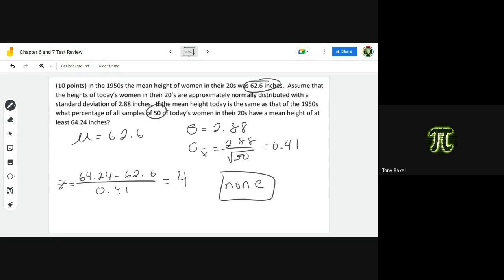Not that this question asks this, but what do you think that means? What's the average height of a woman today? Right around 5'4", actually, which is 64 inches, right? This shows that the mean height has changed since the 1950s.